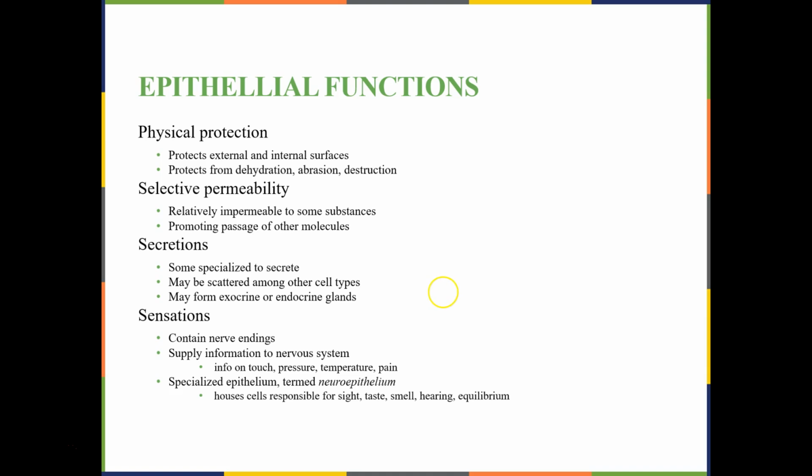The basic functions of epithelium depend on their structure. So remember, structure determines function. Structurally, you can have epithelium that is a single layer thick, or you can have multiple layers of epithelium. That will determine the types of functions that they have.